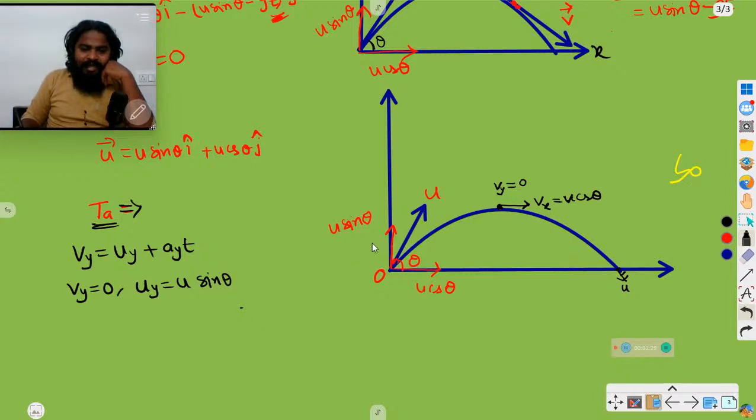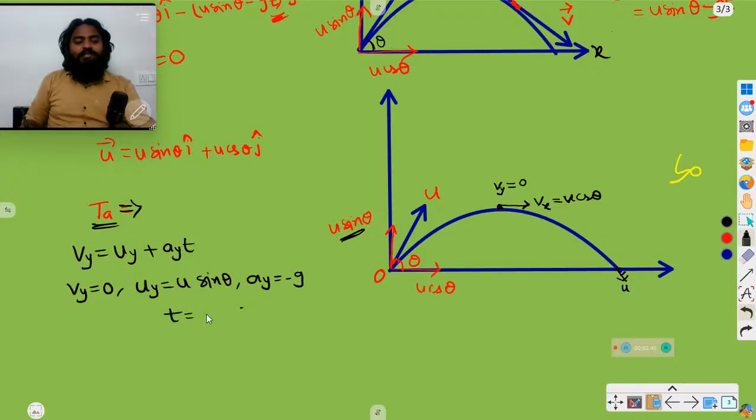Initial velocity along the y-axis is u sin theta, and then Ay is equal to minus g, because the object is moving upward and acceleration due to gravity is downwards. So if you substitute all these values, the time is nothing but ta, the time of ascent. Now Vy is equal to 0, that is Uy = u sin theta minus g into ta, right?